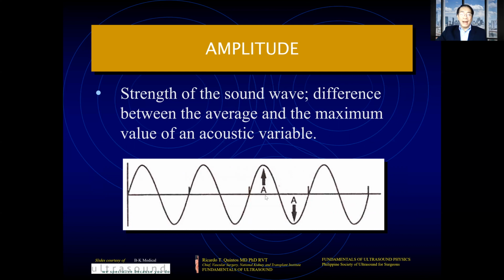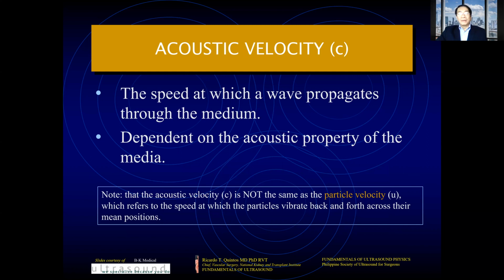In layman's parlance, that is the strength of the wave or the intensity of the sound, with a higher amplitude resulting in a louder sound. With a smaller amplitude, you will have a softer sound.